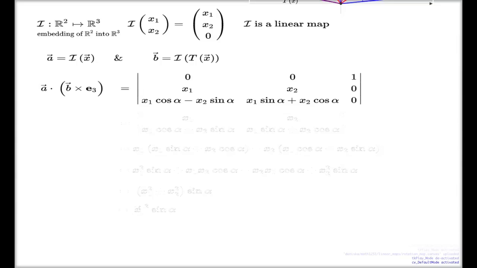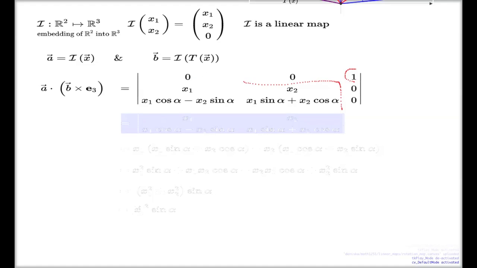Here it is. Here's my embedding. You see my x vector embedded into three-dimensional space. That's my 0 third component. Here's my T of x vector embedded into three-dimensional space, 0 third component, and here's my E3 vector. It's a very simple determinant. If you use the decomposition by the first row, it will be this one times this minor.